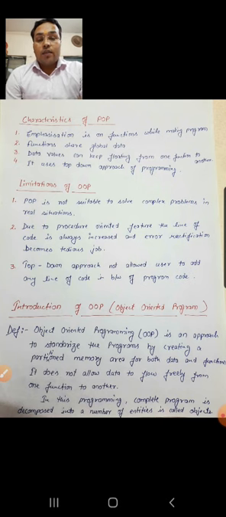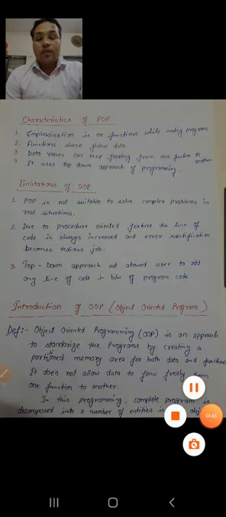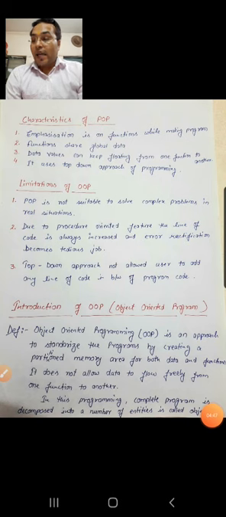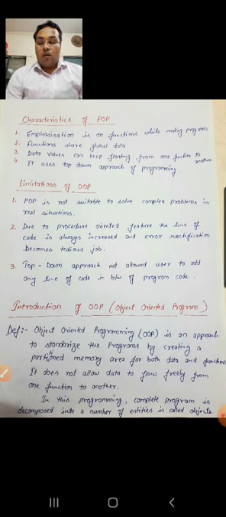Now what is object? Object is a unique entity which contains data and functions, which are also known as characteristics and behavior.